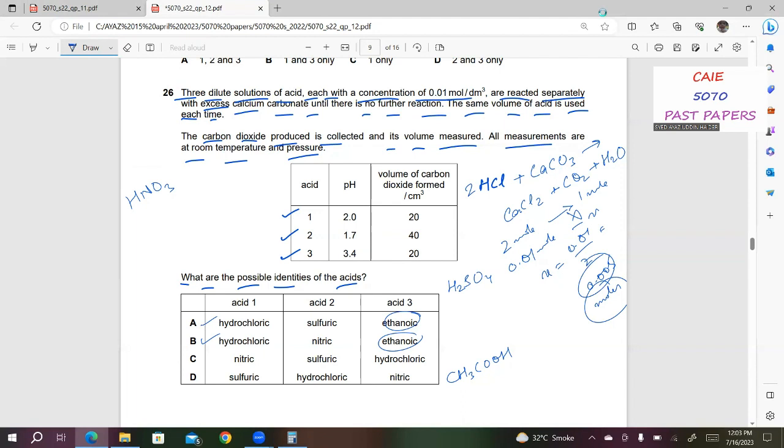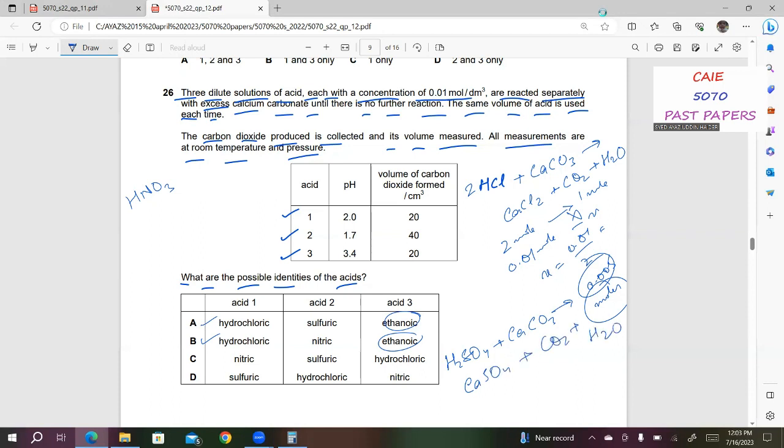Now, if you react sulfuric acid with calcium carbonate, the equation will be like this. H2SO4 plus CaCO3 gives CaSO4 plus CO2 plus H2O.